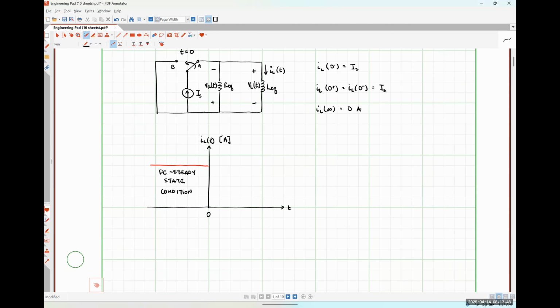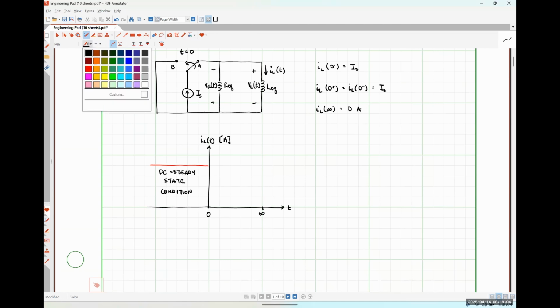Okay. I'm going to call this time right here t equal to infinity. Really, all I mean is a very long time after our switch is closed so that our transient has died out.